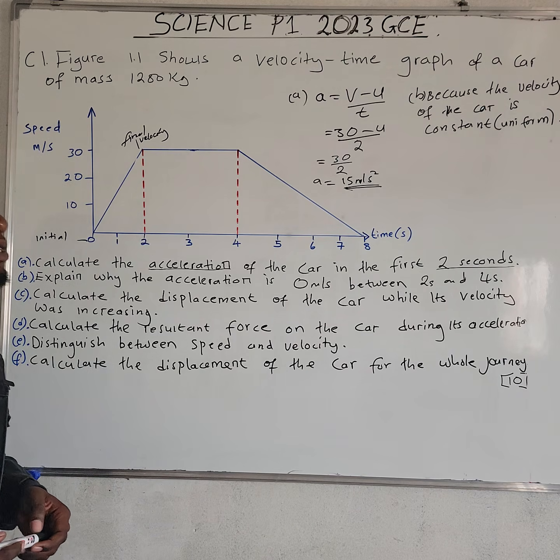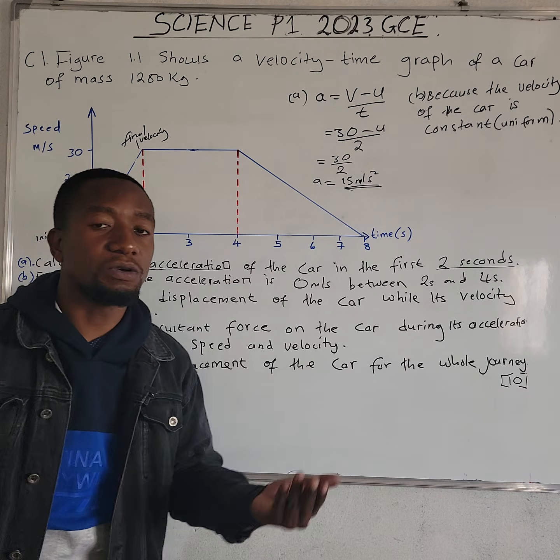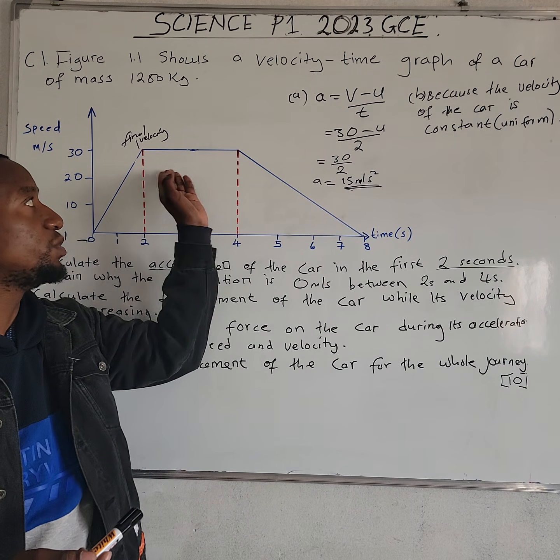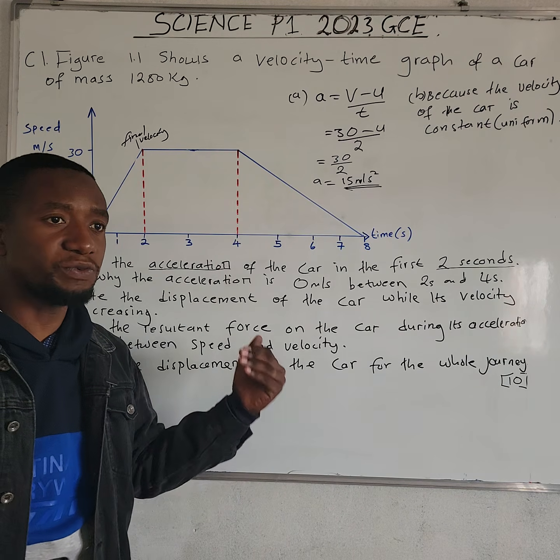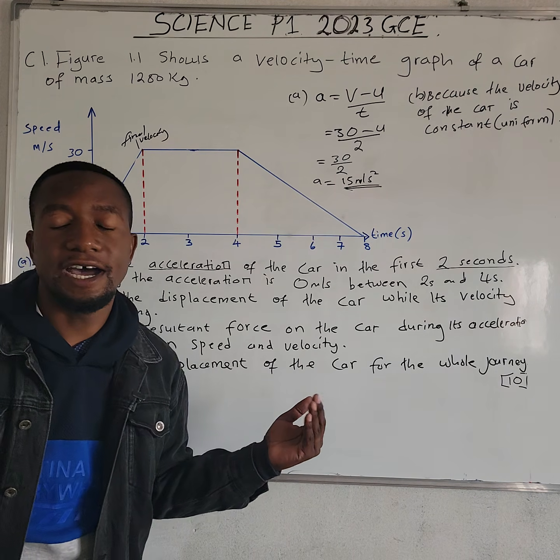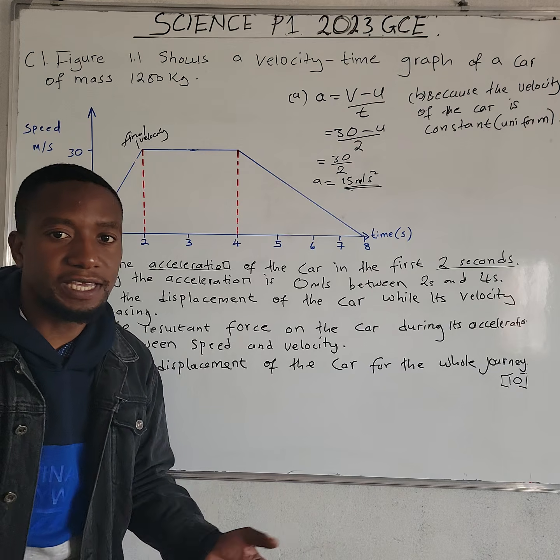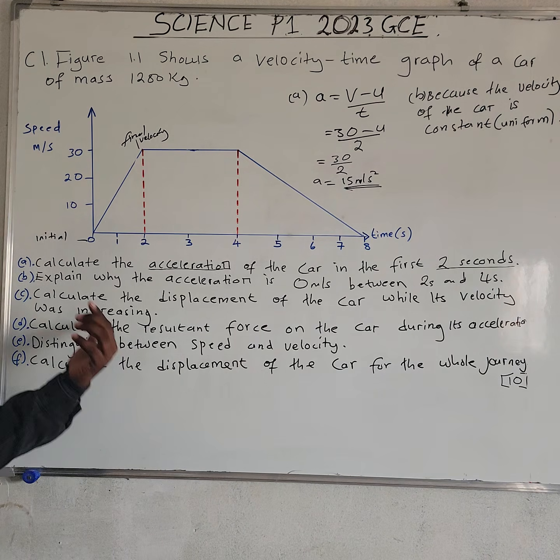This is because the velocity of the car is constant, or rather, it was uniform. That is why acceleration was 0. Hope you are following.